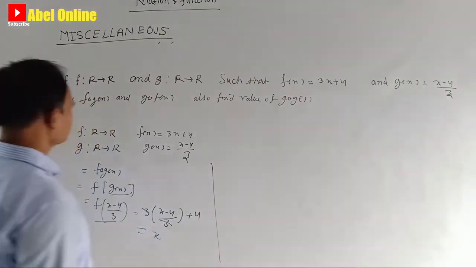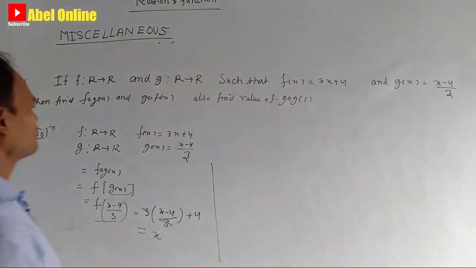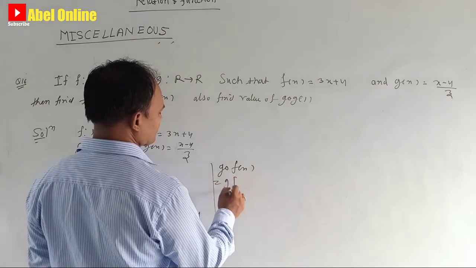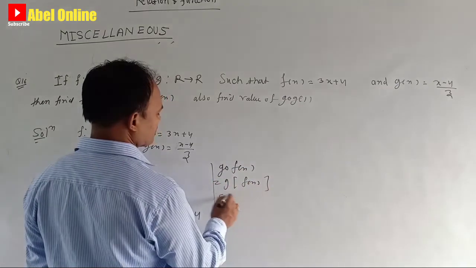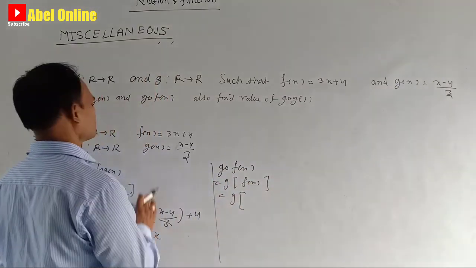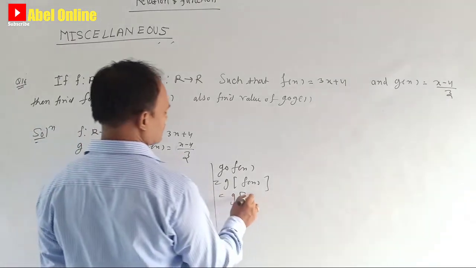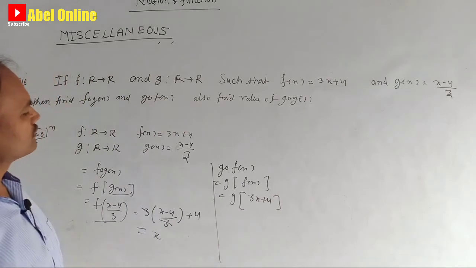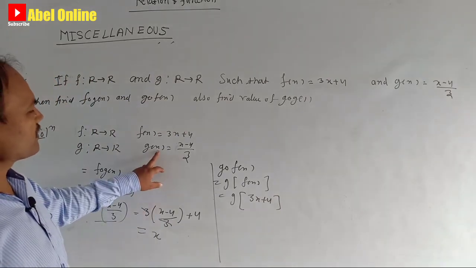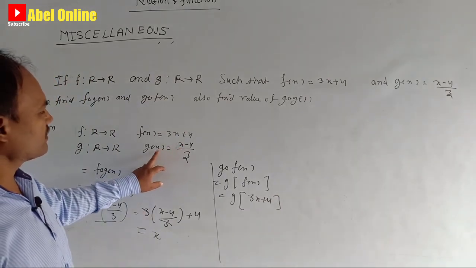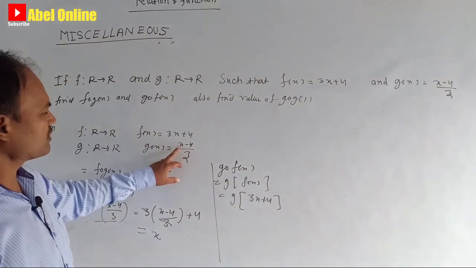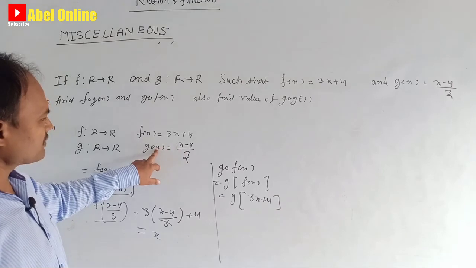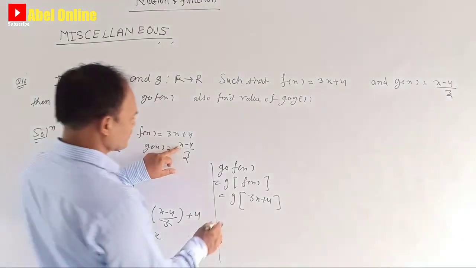Now we have to find gof x. gof x means g of f of x, and the value of f of x is 3x plus 4. In g of x, where there is x, we write 3x plus 4.